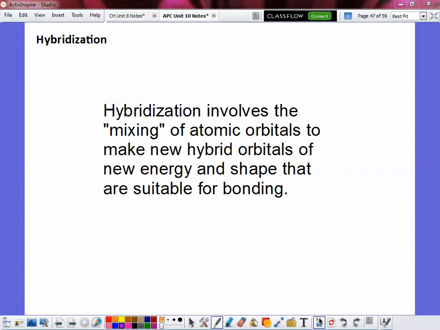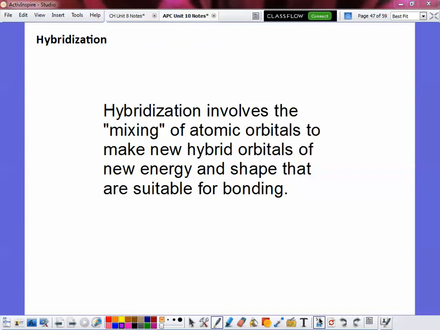So hybridization. In a molecule, in a covalent compound, when atoms bond together, the orbitals where they have valence electrons, which for the most part are your s and p orbitals, mix together.